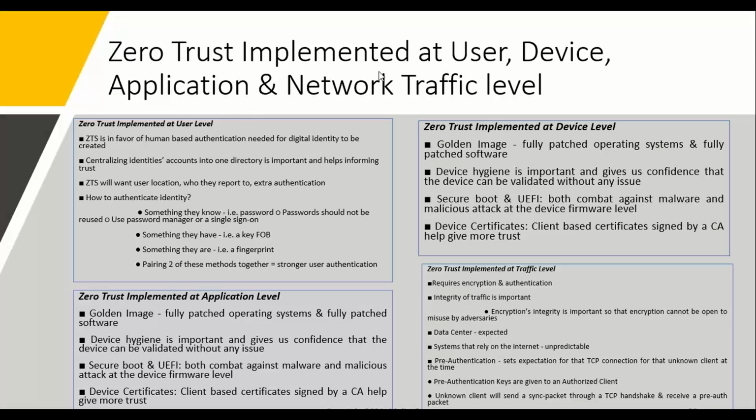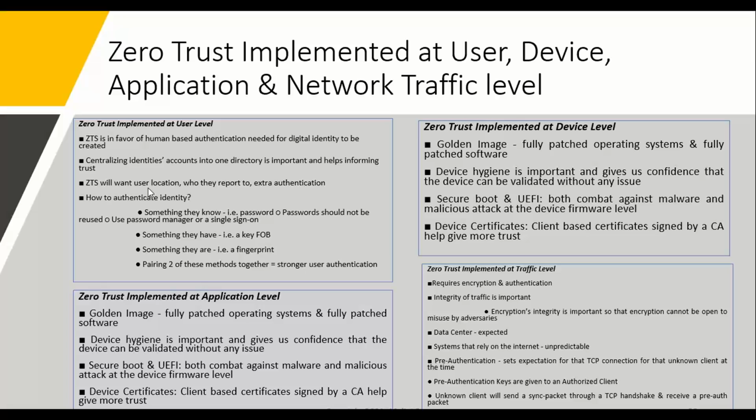So zero trust is implemented at user, device, application, and network traffic level. It is not just at one level or one application, but it is across the user, device, application, and network. Zero trust implemented at user level is basically where you centralize the identities into one directory, which is important and helps in forming the trust.